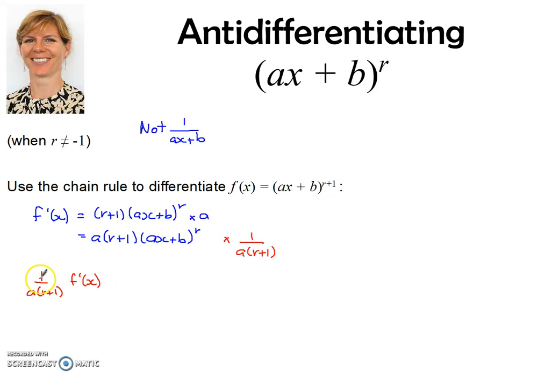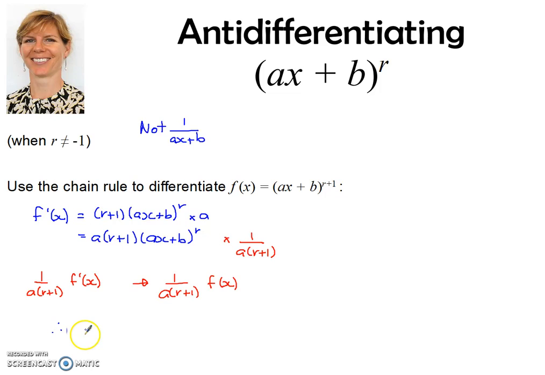Okay, so this is a scalar multiple, which means that we can then say, well, if we're multiplying the derivative by 1 over a times r plus 1, then we can also multiply the original function. So that can lead to 1 over a times r plus 1 times f of x. Now we've said that f of x was this function up here.